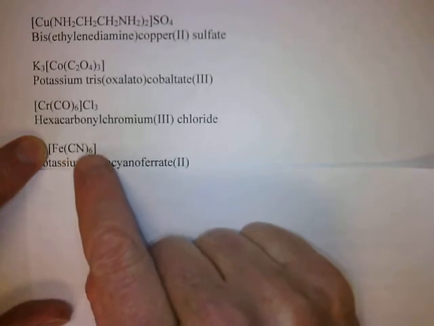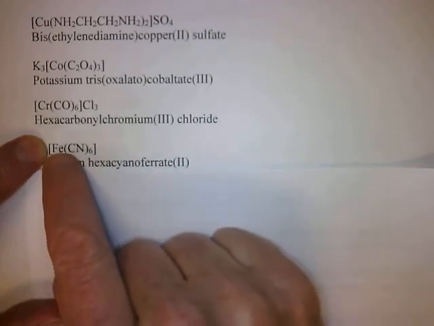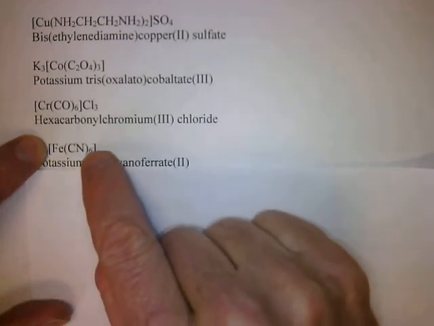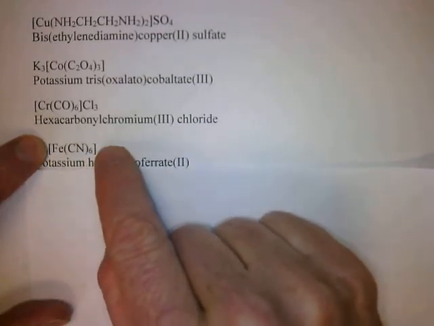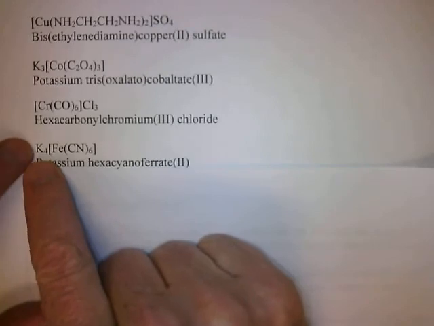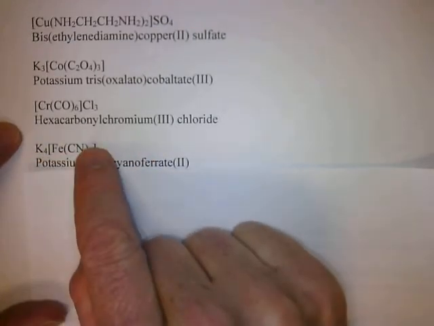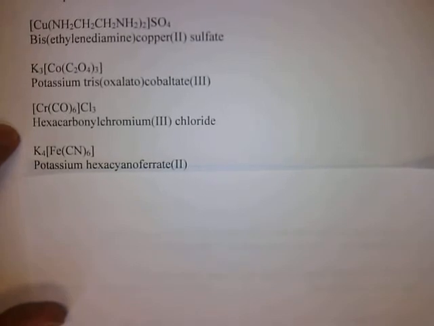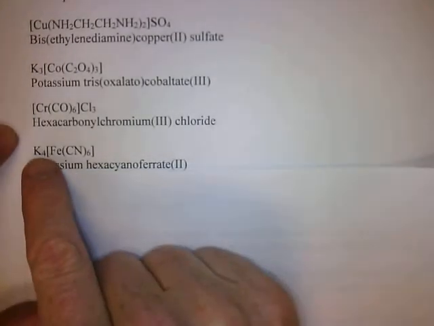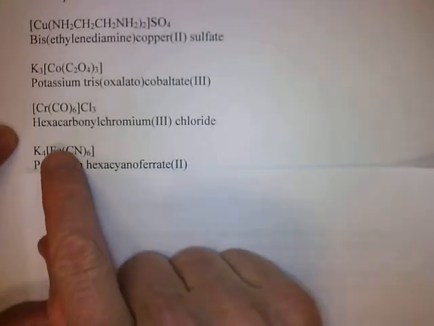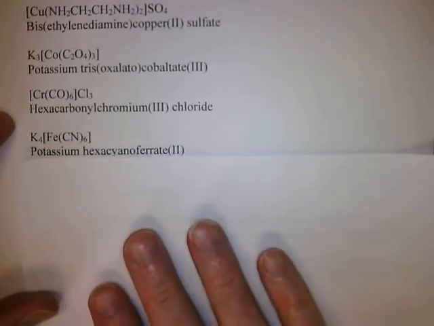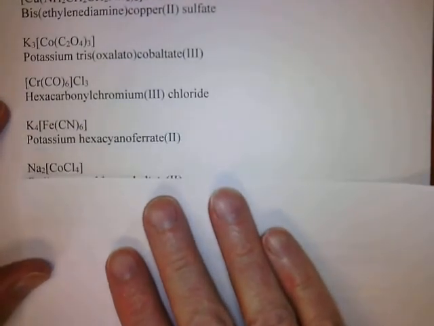And so therefore, this is a 6-. So therefore, +2 and -6 makes the 4-, which is balanced by the charges. Think about it this way: +4, +2, -6 all adds up to 0.